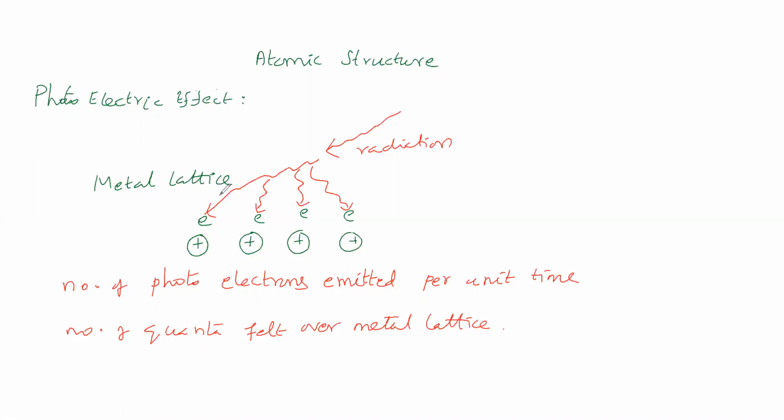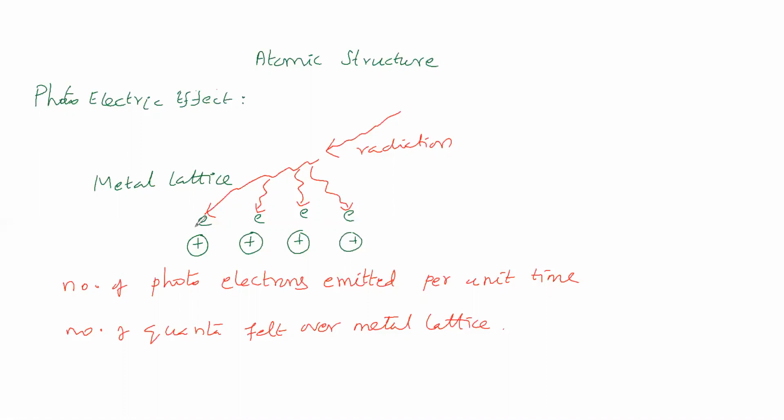So a quantum is falling on the metal atom. The quantum is falling on the free electron. Then this free electron is absorbing this quantum. After absorbing, it is coming out from the metal atom.